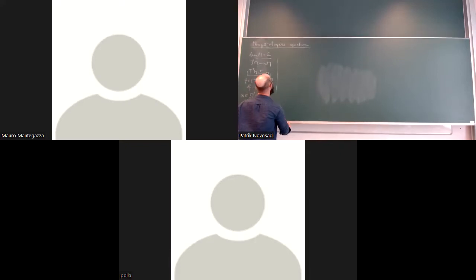So if we choose a volume form on M, then this will be a multiple of the volume form. And if we set this equation, then we call this a symplectic Monge-Ampère equation.